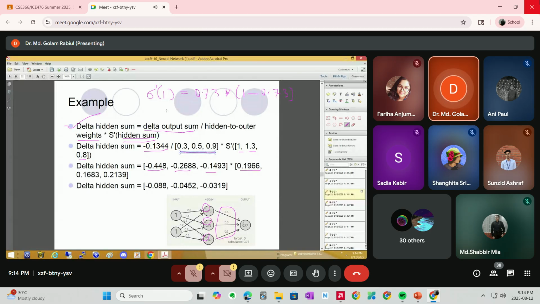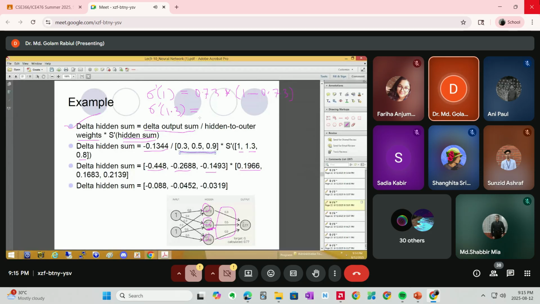Similarly, the sigmoid of 1.3, we already know, is 0.79.